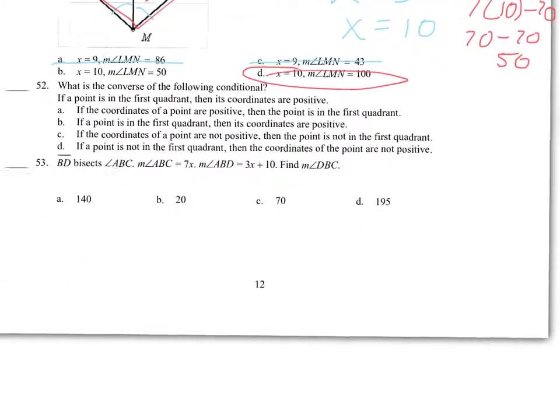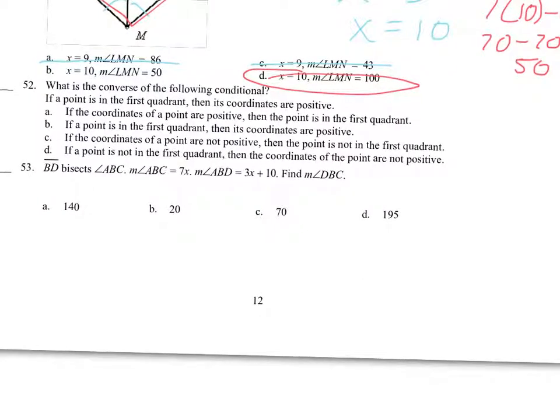Okay, look at number 52. What is the converse of the following conditional? If a point is in the first quadrant, then its coordinates are positive. And remember, the converse is just where we flip them.